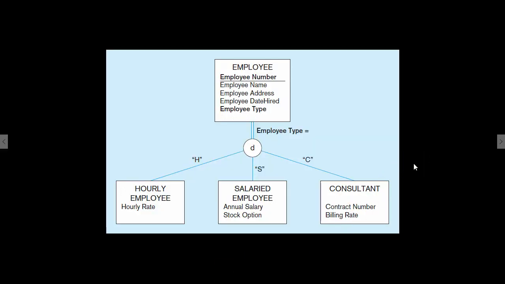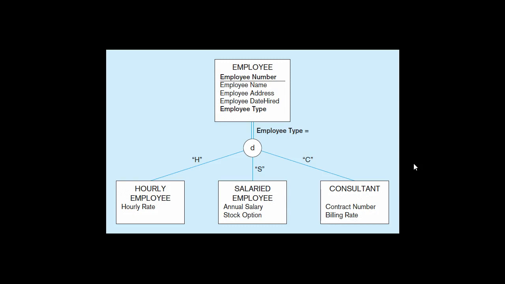So we're probably not going to see this in this class, but there are ways to convert this type of supertype subtype structure into our relational model. There are a few ways that we can do this. The first way, of course, is that we can convert each of those entities into tables, into relations.